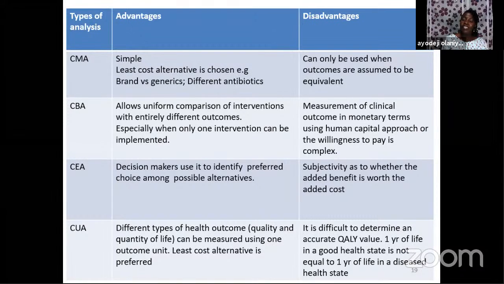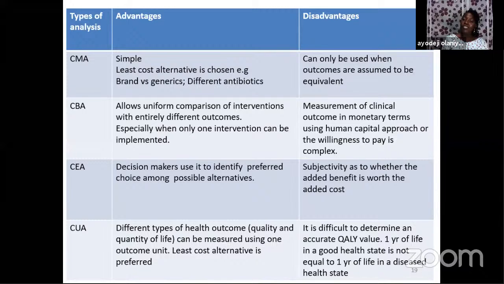But the disadvantage is that whatever the patient is earning, whatever level of productivity, whatever monetary terms is attached to the person's productivity, does not really mean that the person would give that value to the society. Then another way it can be measured is the willingness to pay. How much is the patient willing to pay to prevent that particular illness?